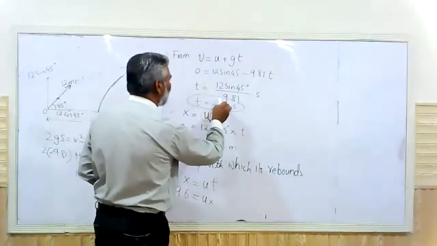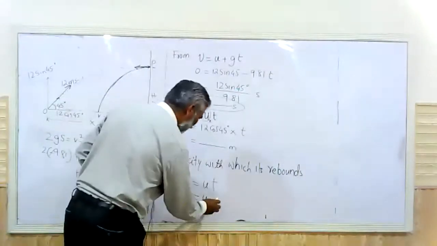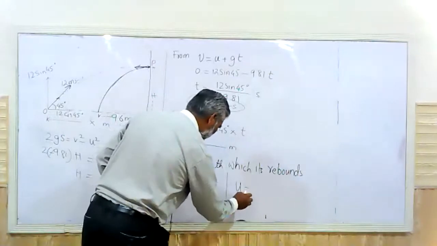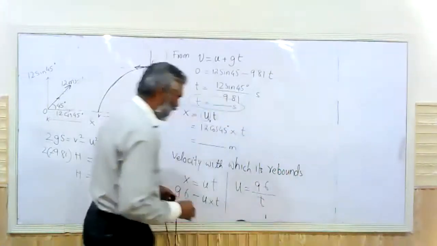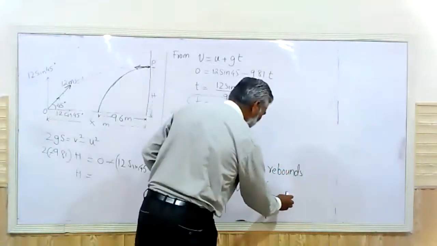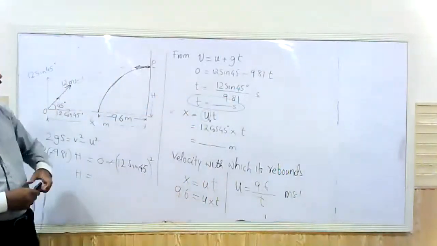You have calculated here, and you can work out what number you have here. So u is simply 9.6 divided by t in seconds, and this will be the velocity with which the object gets rebound from here.